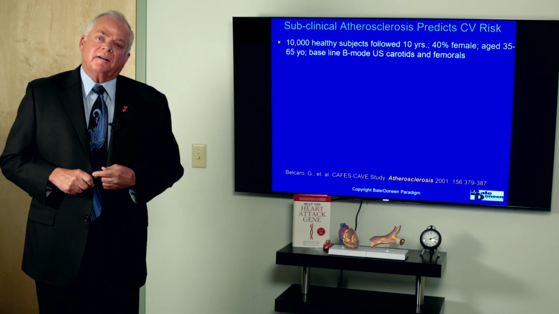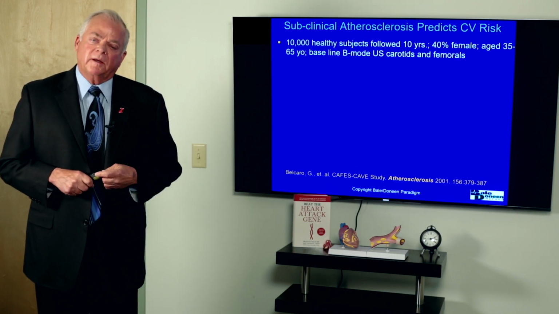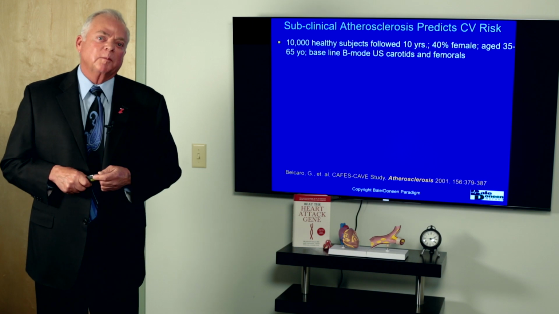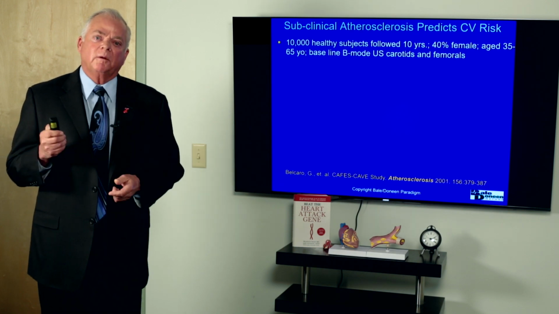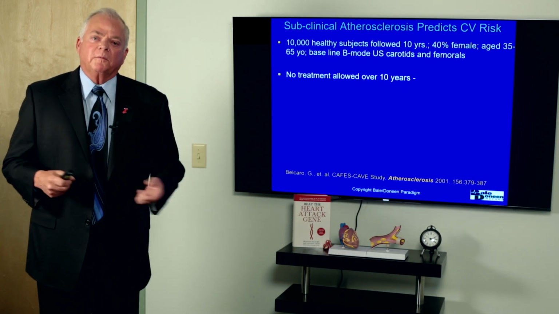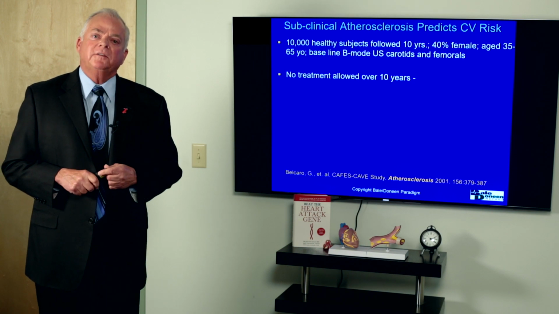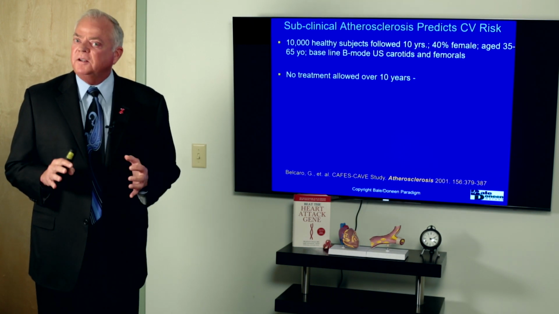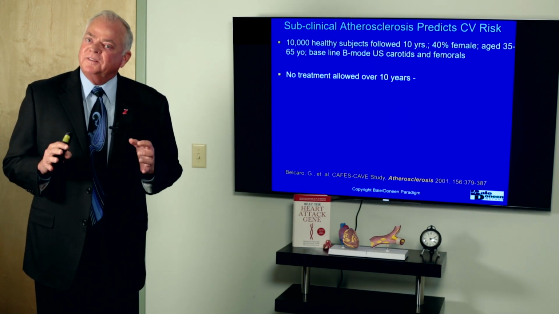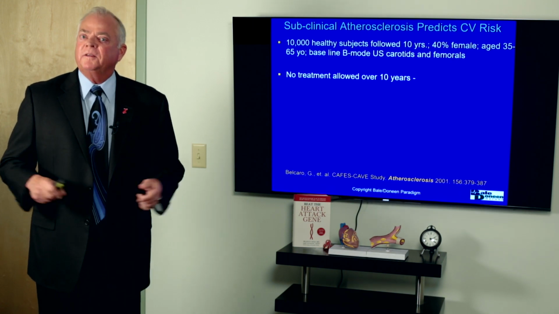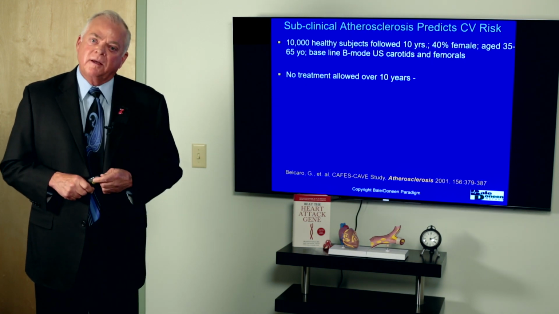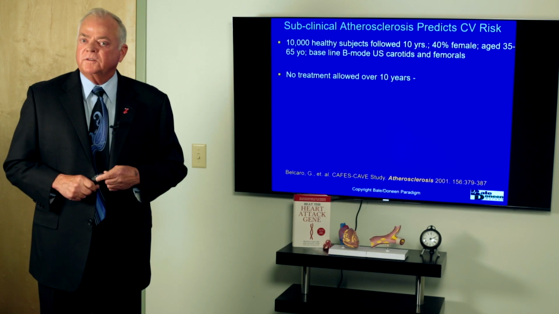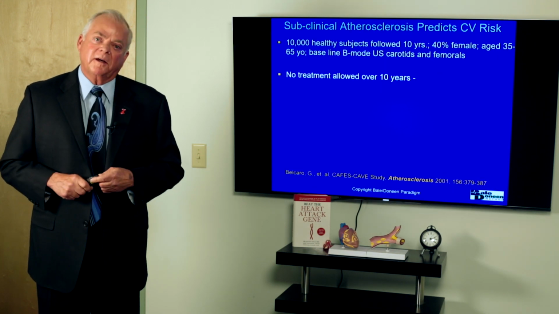The caveat to get in this study, and the reason this study can never be repeated, is the following. No matter what was found, the patient could not receive any treatment for 10 years or until they had a heart attack or stroke. And then there's a check mark, of course, in the study. They can go do whatever they want.